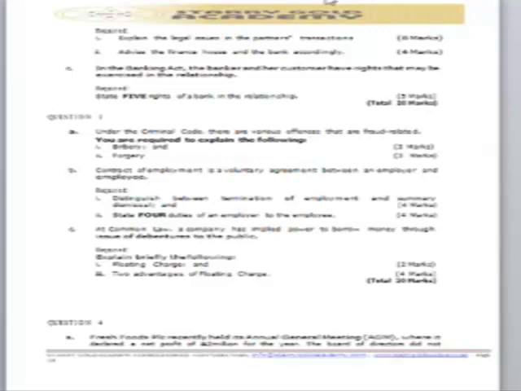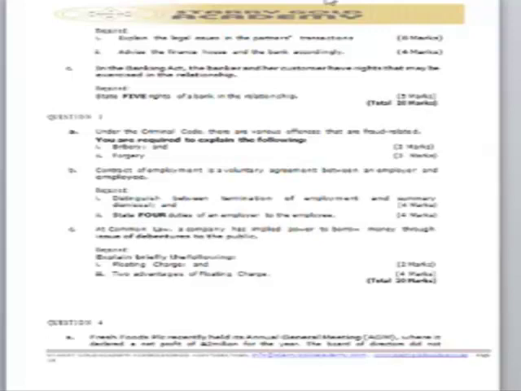So summary termination means to end the service, to put an end to the service of an employee. Summary dismissal is where you tell a worker to stop. It's the same thing, meaning that you are telling the employee to stop work.